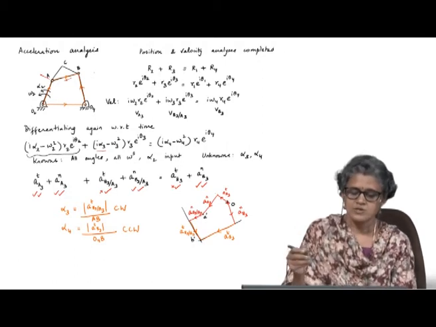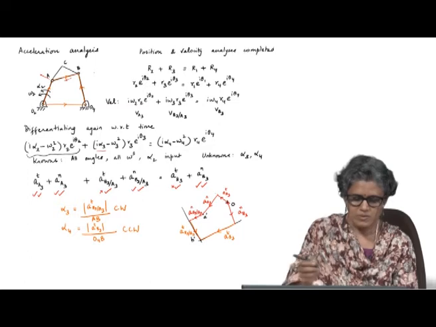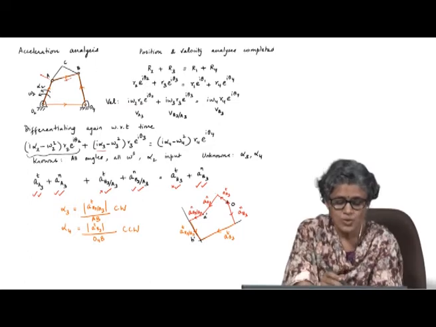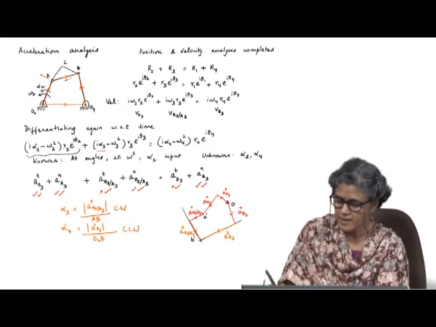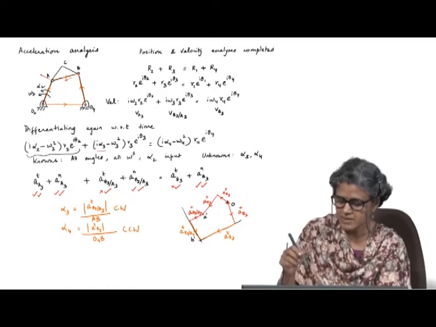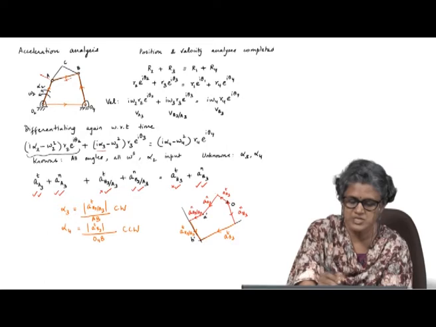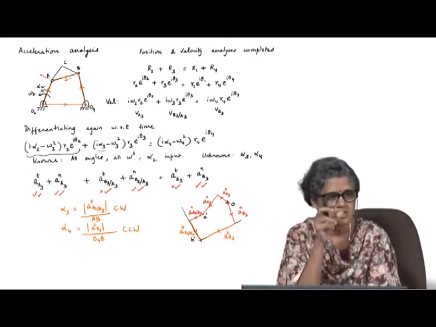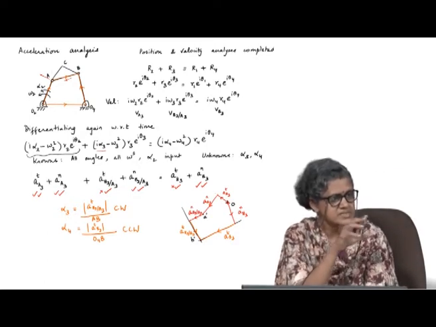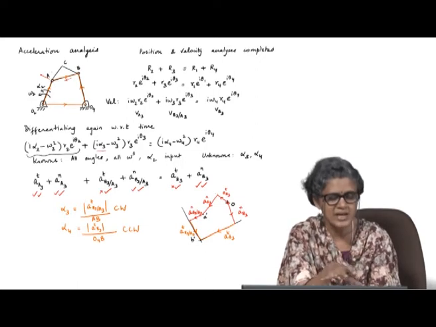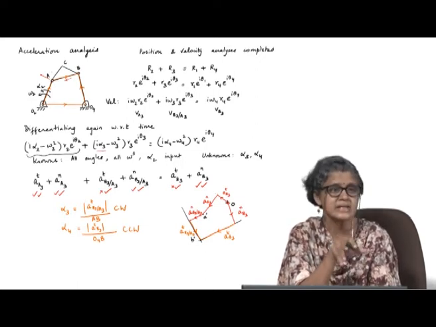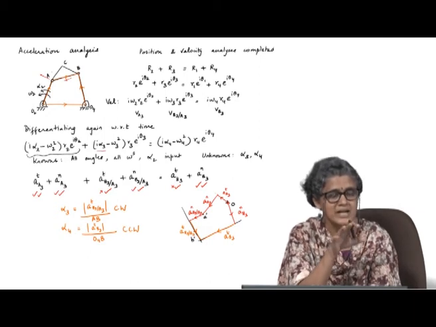Okay. So just as in the case of the velocity image, you had the velocity triangle similar to the triangle in the linkage, but rotated by 90 degrees in that case and scaled by omega 3.